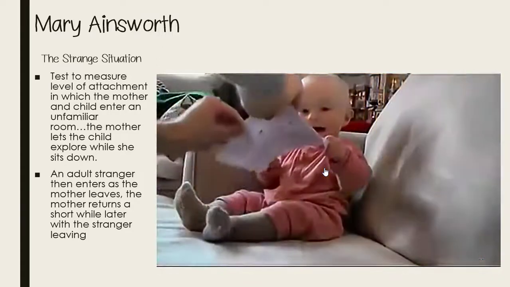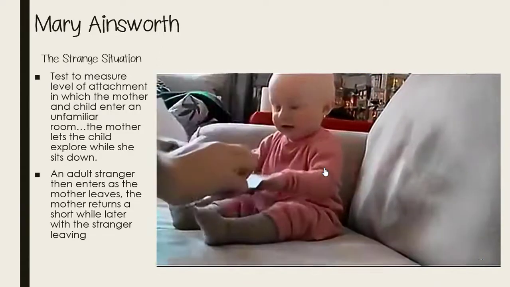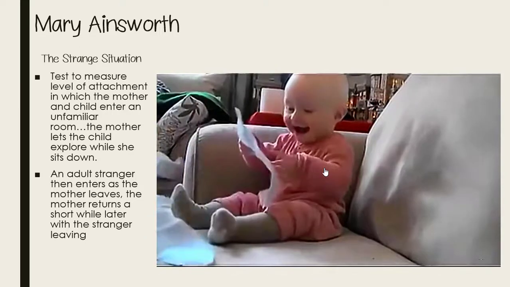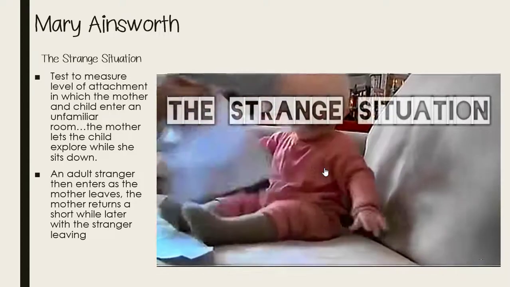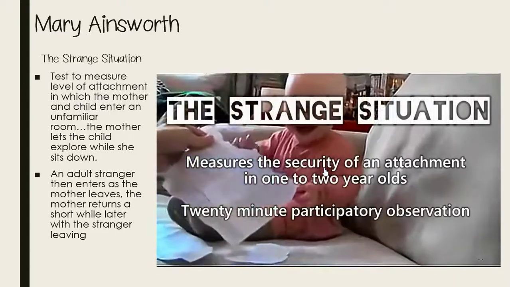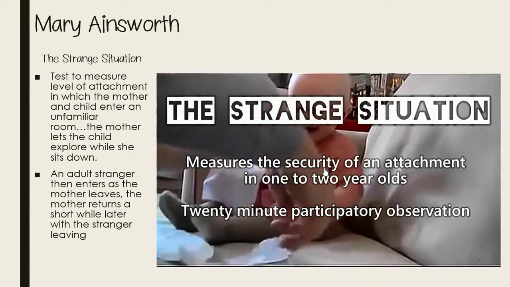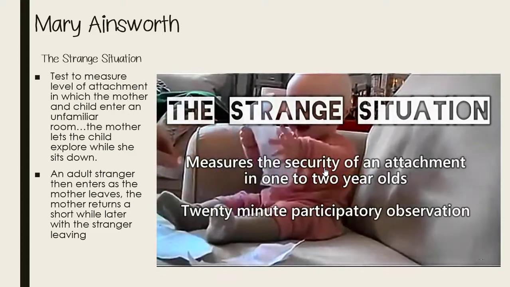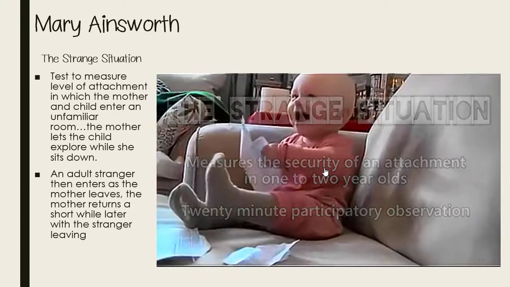However, when it comes to babies and young children, they haven't yet developed these skills, and therefore researchers must turn to more subtle techniques, such as the strange situation, which measures the security of an attachment in 1 to 2-year-olds. A 20-minute participatory observation, during which the researcher observes the infant's behavioral responses to a series of scenarios.